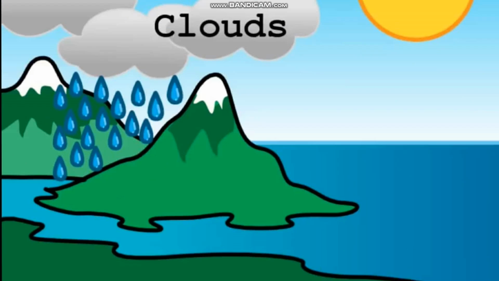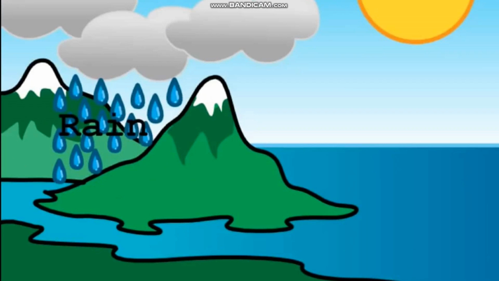When there is too much collection of water droplets, the clouds become heavy. This means that clouds can no longer hold this much amount of water and the water starts to fall back in the form of rain. So we see both evaporation and condensation result in rainfall. This is the water cycle.